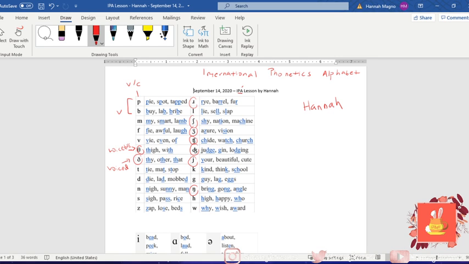Aspirate means getting air puffed out of your mouth. Whereas the B, when you touch your throat, it vibrates and goes b. So if you compare both of them, you notice the p sound for the letter P doesn't make any vibrations in your throat, whereas the B sound makes a vibration. So this is how you can determine whether it's voiced and unvoiced.